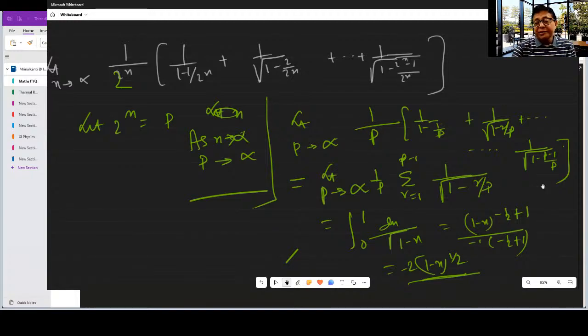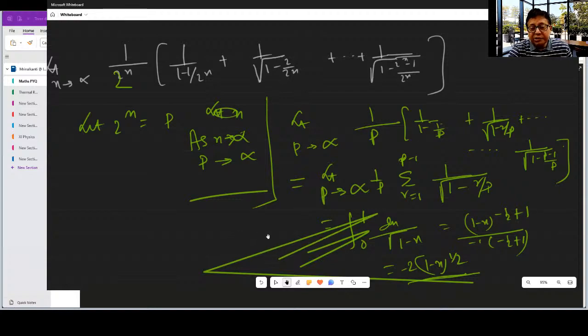See the structure of the sum here. Just a minute. I'm writing the sum here.